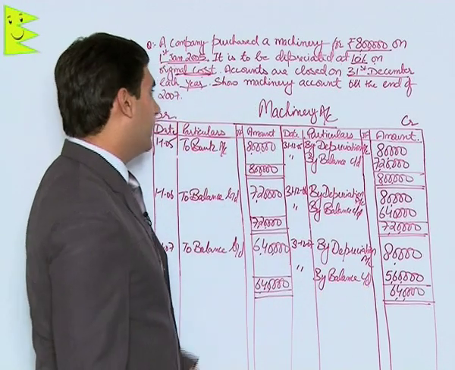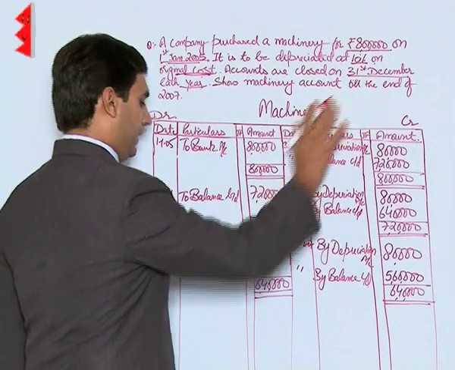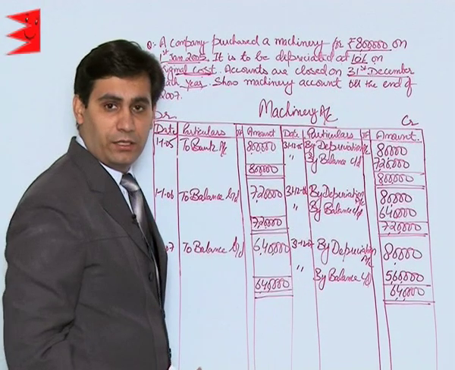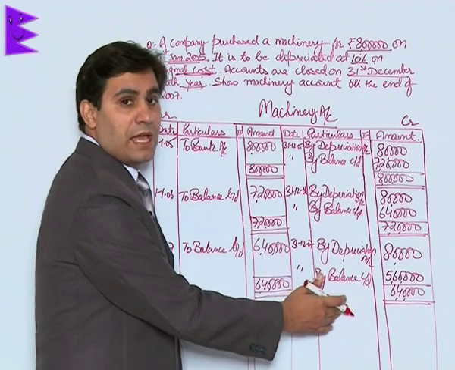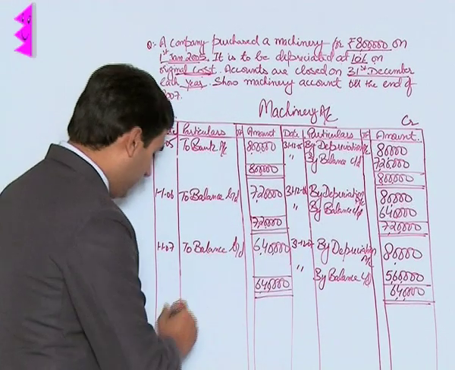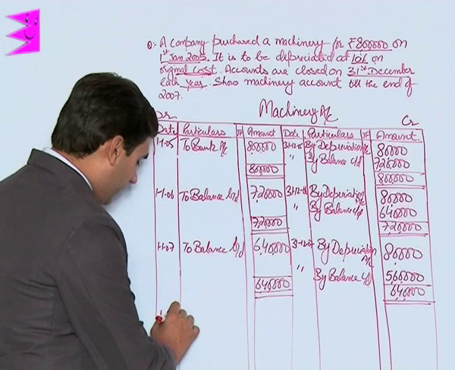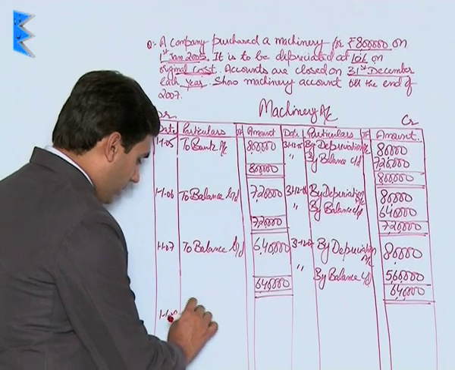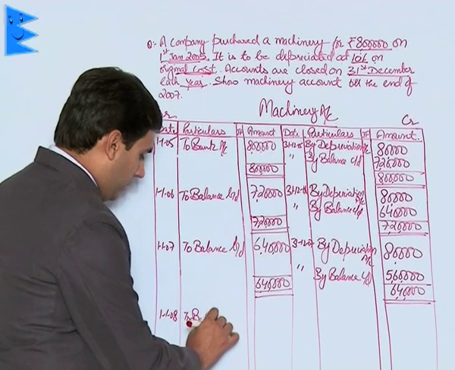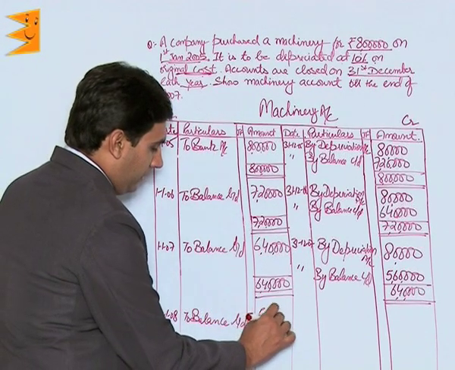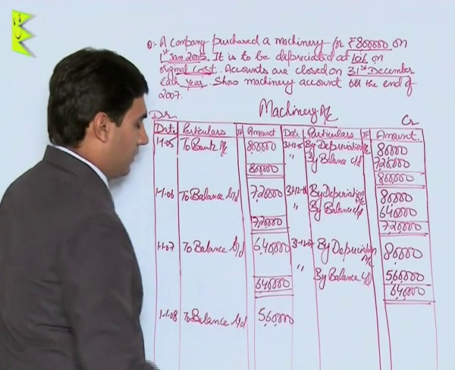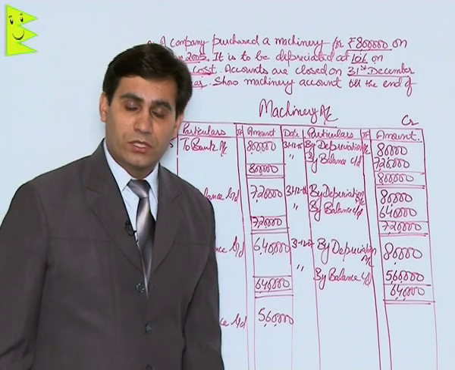Now the question is complete, since we were required to prepare till the end of 2007. You can always bring this closing balance as opening balance in the beginning of the next year and leave the question there. To balance brought down 5,60,000, and that would end your question here.